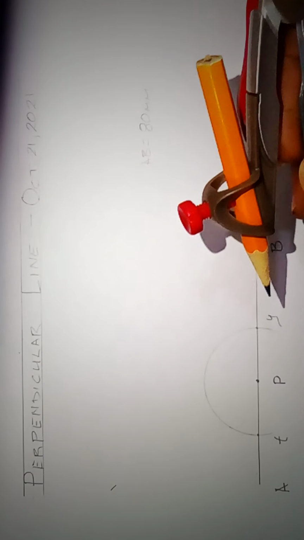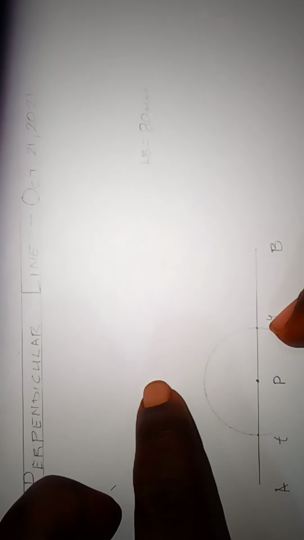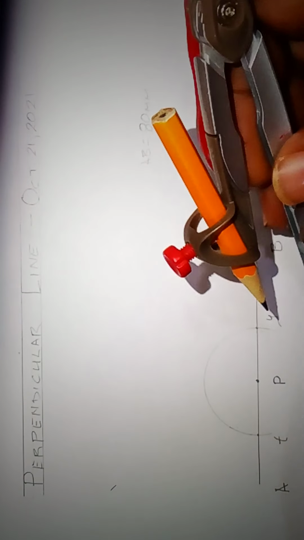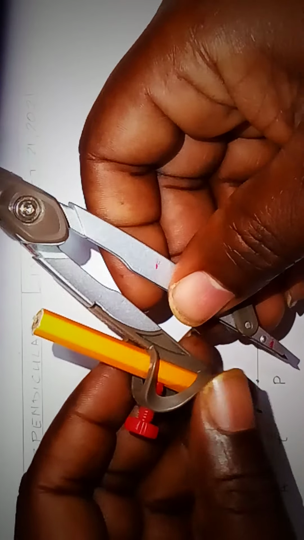So therefore, I am going to use these 2 points of intersections to draw two more arcs above point P.